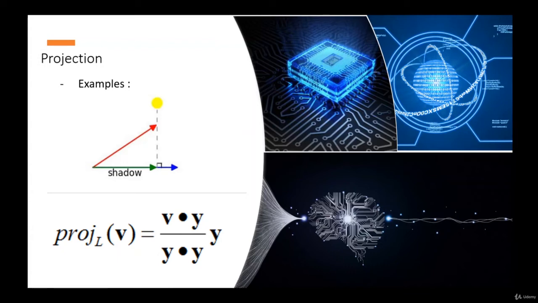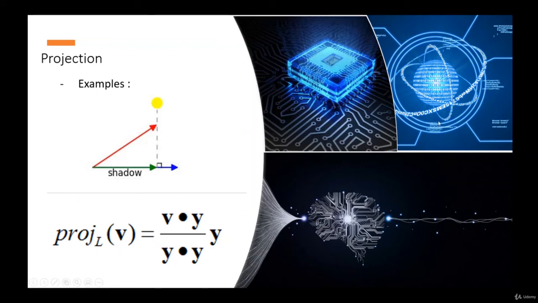Now, how can we determine the length of the projected vector right here? As you can see, the blue line, or the green line in this case, is the projection of this vector. How exactly can we find its length? The way we'll find it is pretty simple. We have this formula right here.